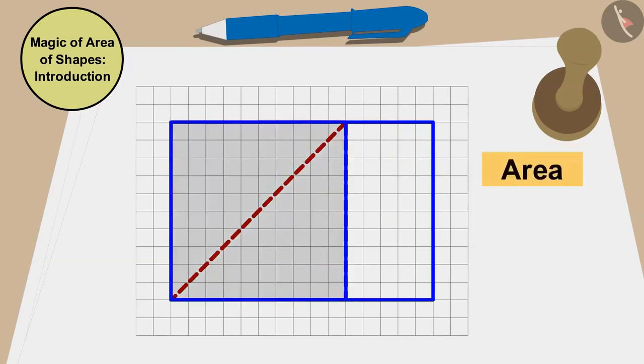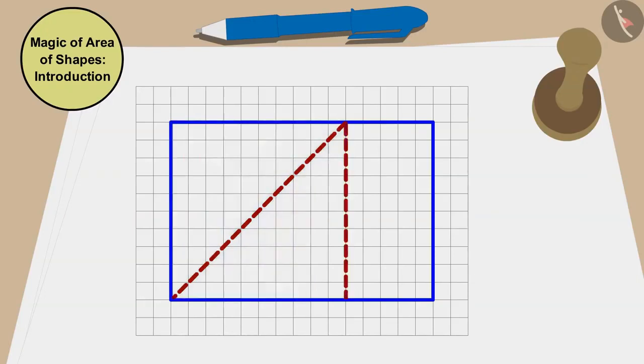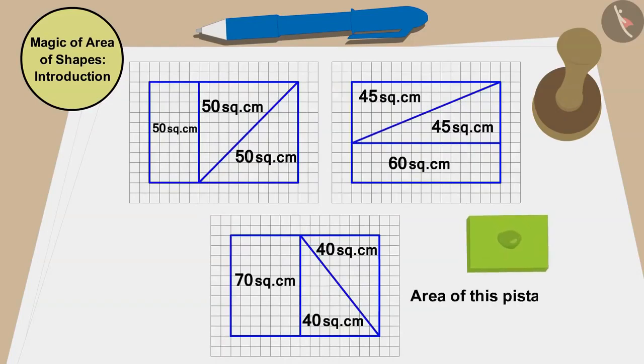The area of this square is 10 times 10, 100 square centimeters. Therefore, the area of these two triangles is exactly the same as half or 50 square centimeters of this square. We can make these two lines in more ways.